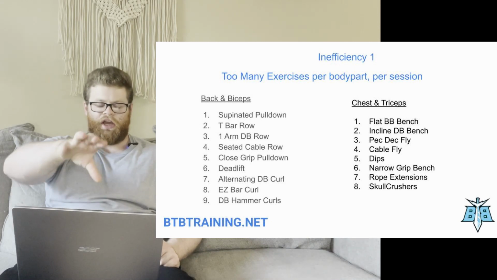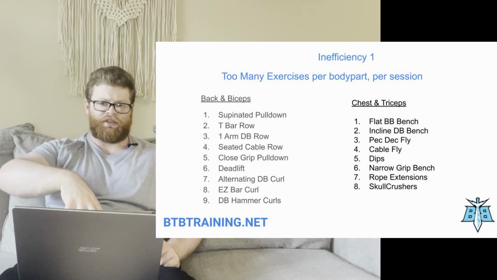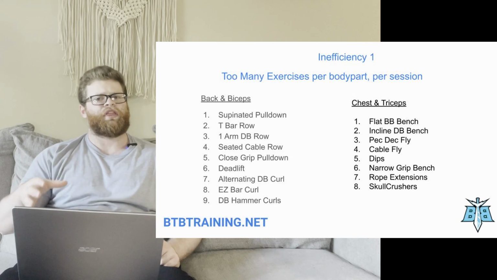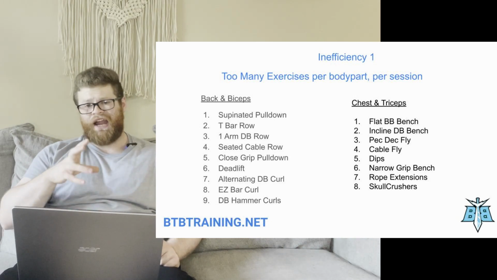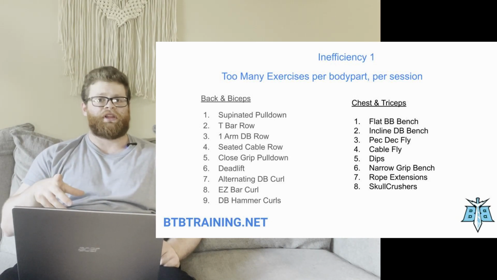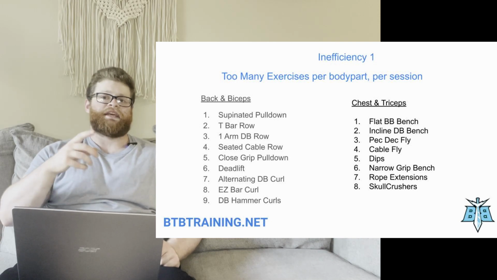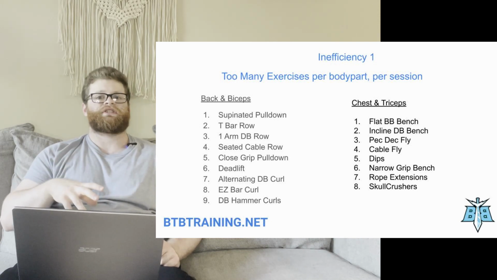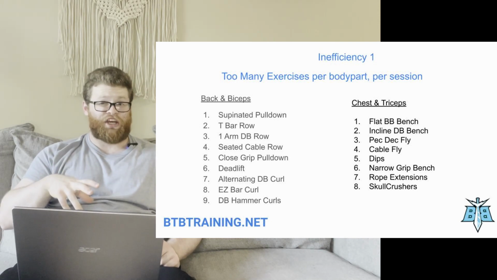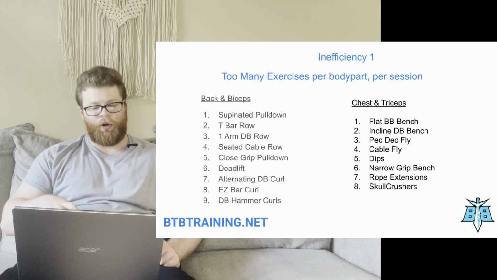The exercises I picked in the sample session here are just hypothetical ones, but it's not uncommon for me to see 7, 8, 9 total exercises within a training session that is only addressing 2 body parts.